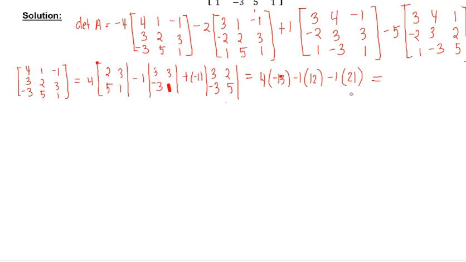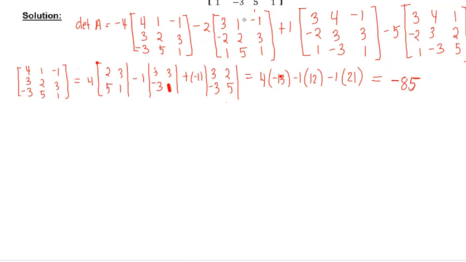So that is equal to 4 times negative 13 minus 1 times 12 minus 1 times 21. That is equal to negative 85. So that is our value for the first 3 by 3 matrix.